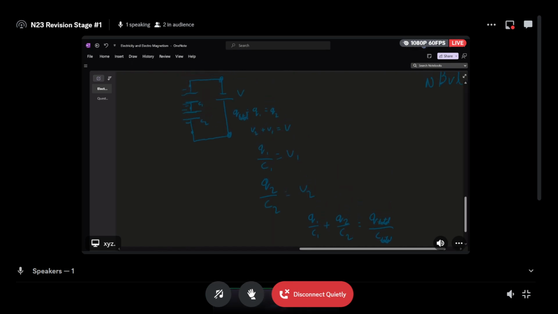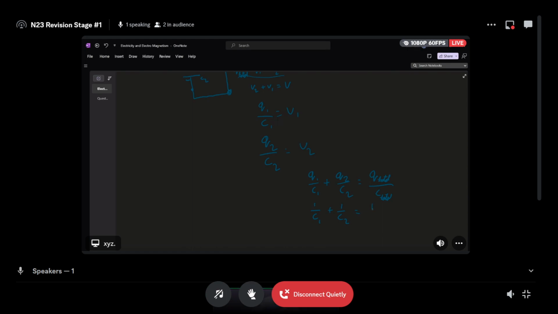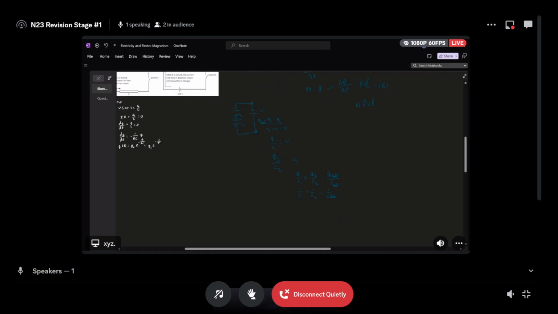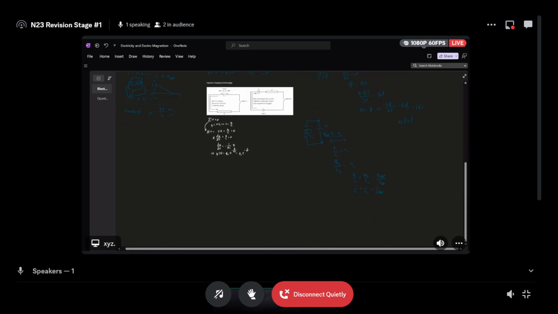And then if we remember here, these charges are all equal, so they all cancel, and we get 1 over C1 plus 1 over C2 equals 1 over C total. And that's how it works.